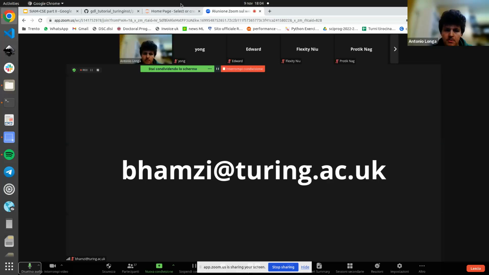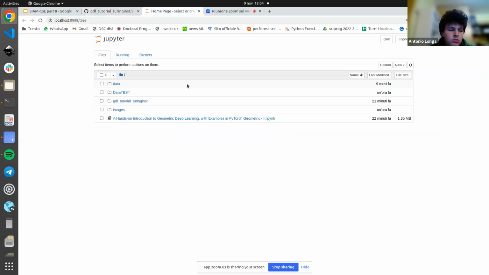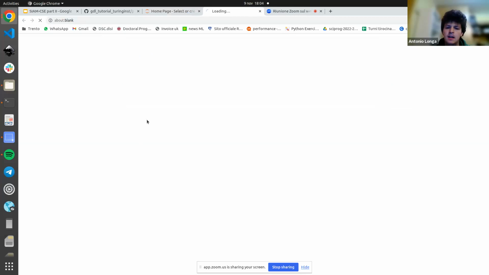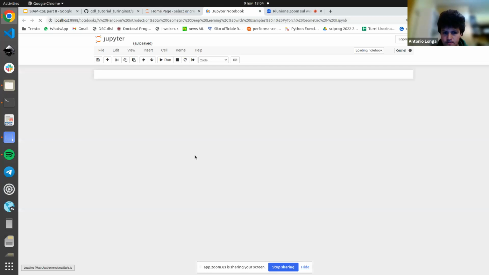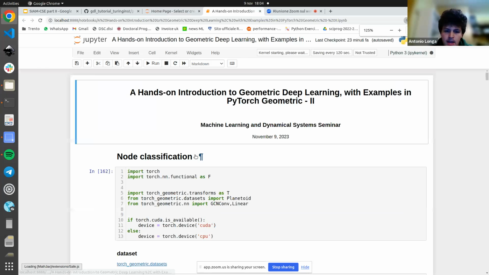I'm not going to say anything about the installation, because it might depend on your system or operating system, but there are plenty of tutorials, even from the official library, which tell you how to install PyTorch Geometric on your machine. So this is the notebook you can find online.